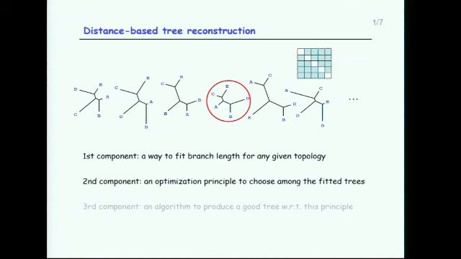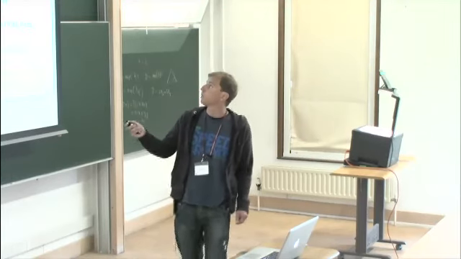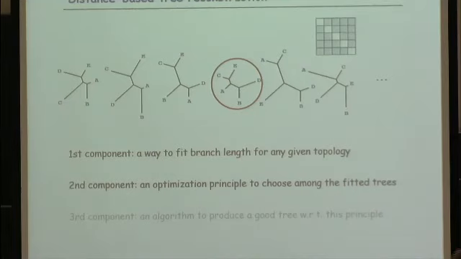Then the second component that we need to specify is an optimization principle that allows us to say which of these trees that we have generated are better than others, and to discriminate among them. Here, for example, I've chosen the shortest one. The principle that chooses the shortest one is called minimum evolution.